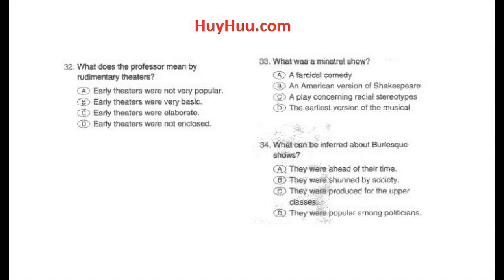What does the professor mean by rudimentary theaters? 33. What was a minstrel show? 34. What can be inferred about burlesque shows?